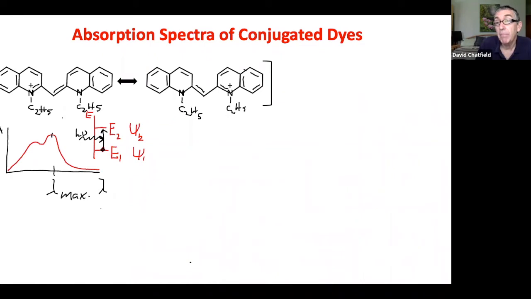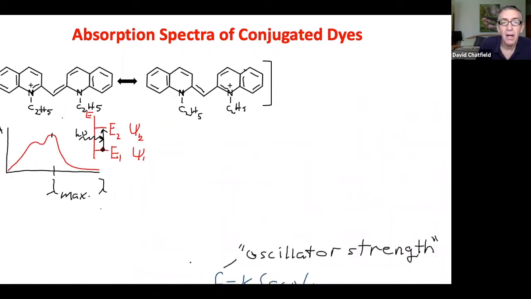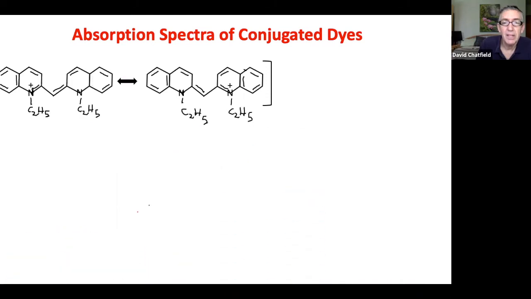And I bet you'll find a connection then between, if we go back to the next slide, the lambda max trend and the particle in a box. Now, you should not expect exact correspondence between the experimental lambda max and your calculated. I mean, it's probably going to be off by 10 or 20%.